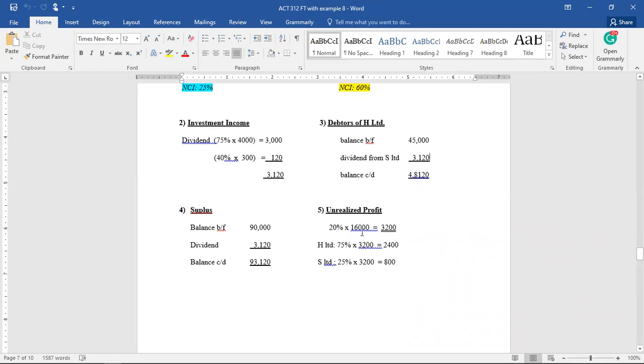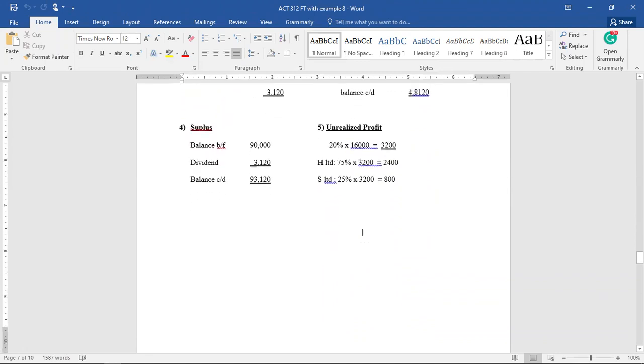Then I have unrealized profit. I've also explained the circumstances underlying unrealized profits. That you must know who is selling to who. When it comes to unrealized profit and you don't know who is selling to who, it creates a problem.